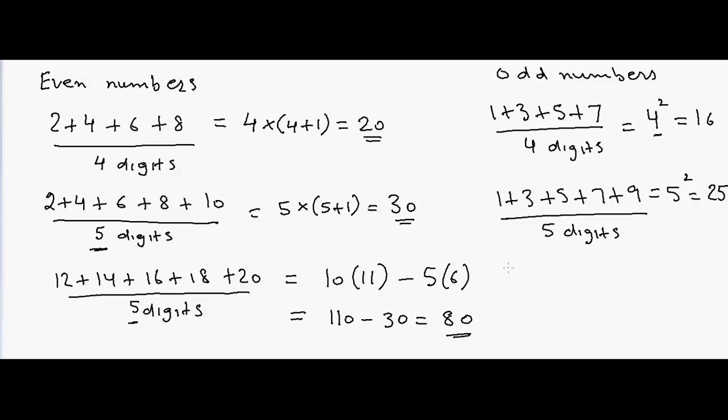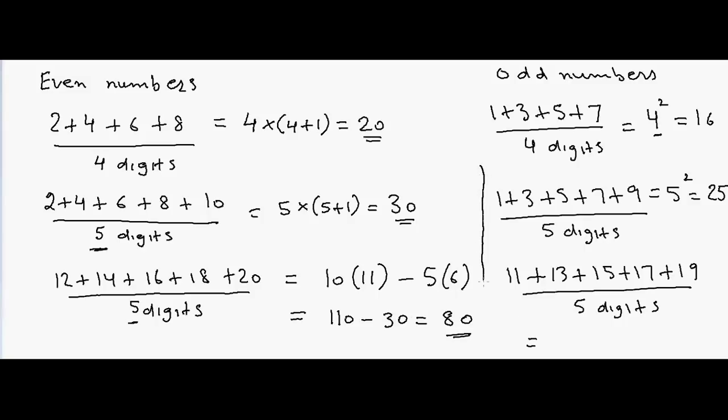Now if I have something like 11 plus 13 plus 15 plus 17 plus 19, these are also 5 digits, so the answer will use the same approach that we used there. So the answer would be equal to 10 square minus 5 square, that is 75.